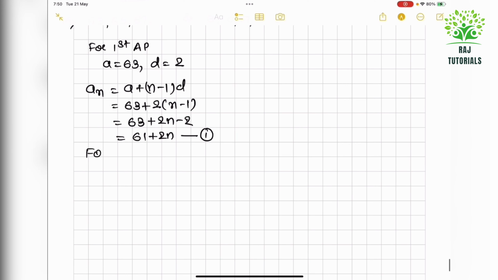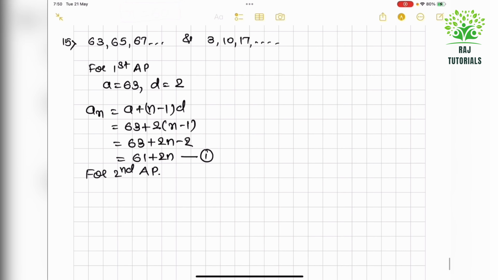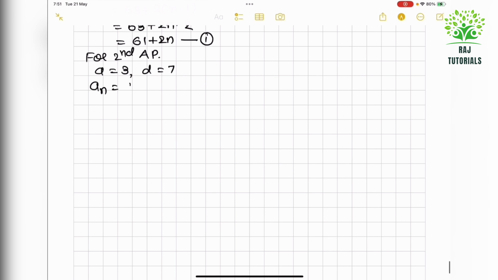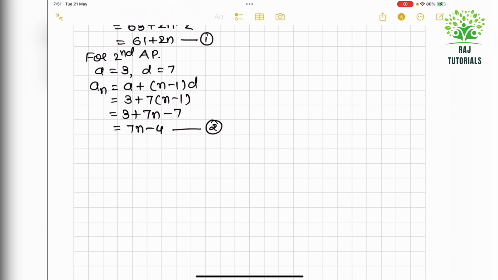Now for the second AP, A is 3, D is 7. AN will be A plus N minus 1 D. So AN will be 3 plus 7 into N minus 1. So 3 plus 7N minus 7. So 7N minus 4 I will get here.